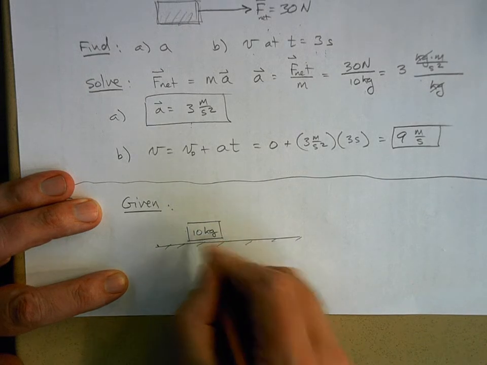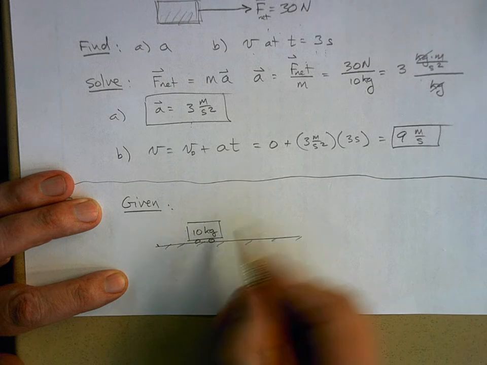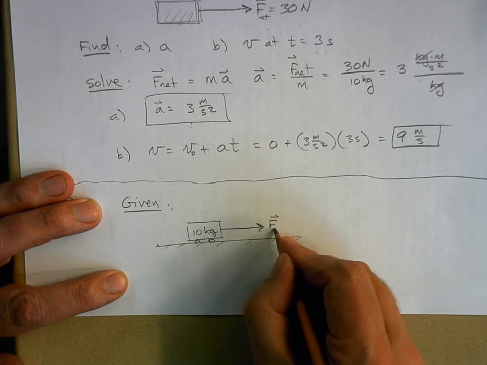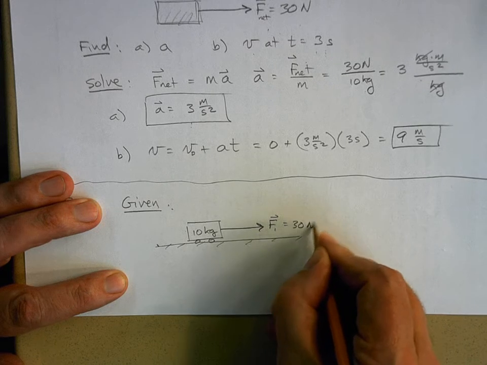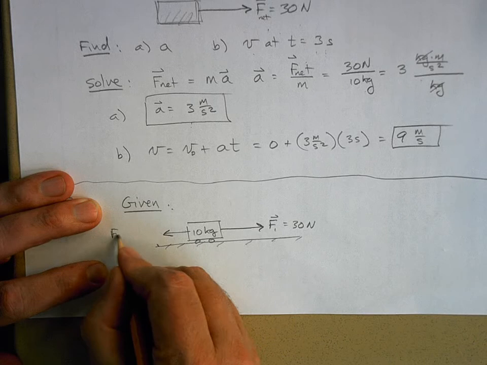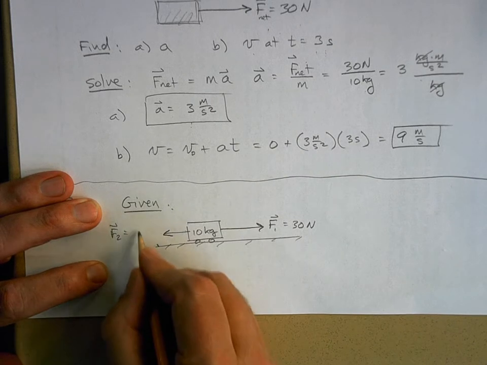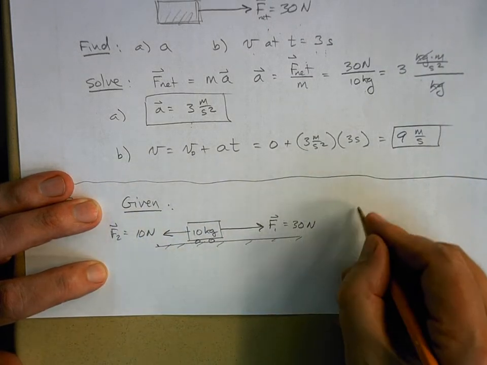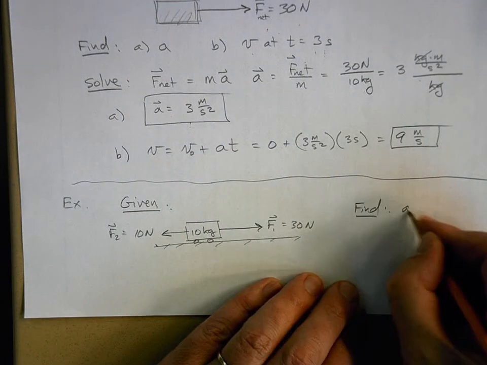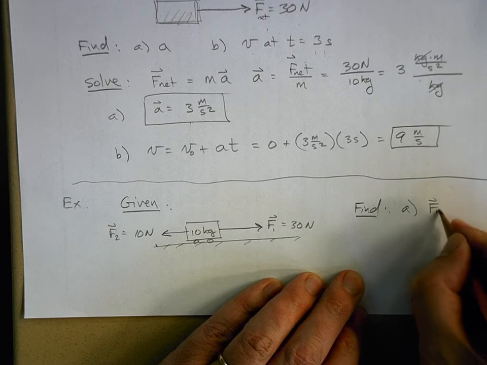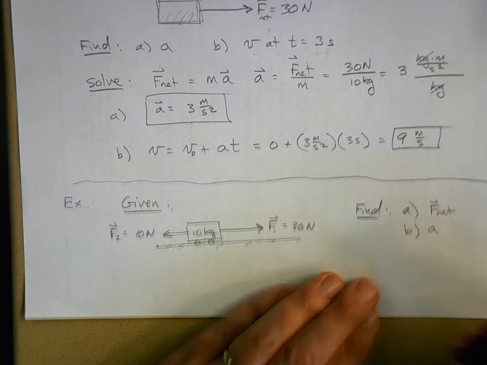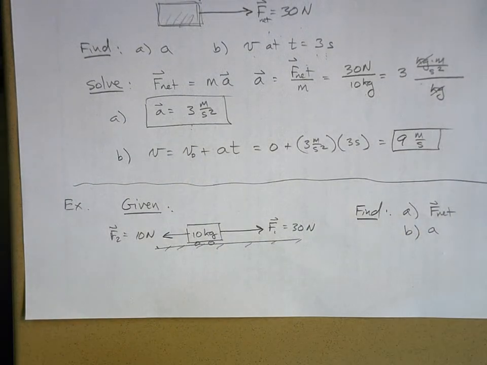I'm going to put it on wheels, and I'm going to have a 30 newton force, which I'm going to call F1, and I'm going to call this F2. What do I want to find? I want to find A, the net force, and B, the acceleration. And we'll end there because we're running out of time.